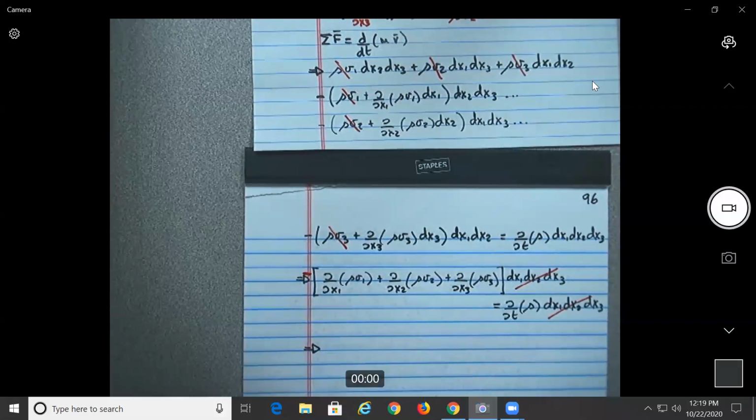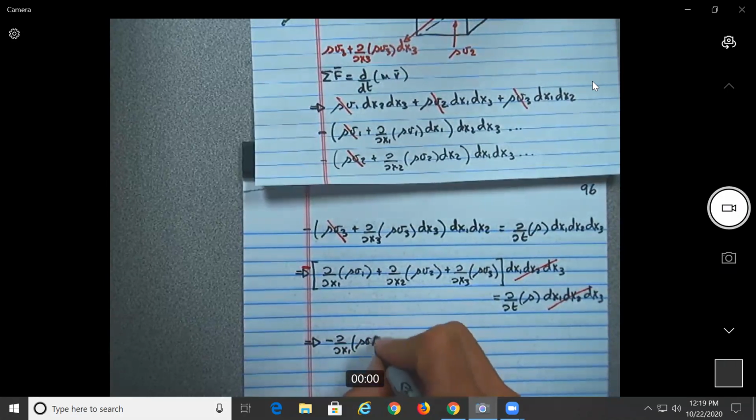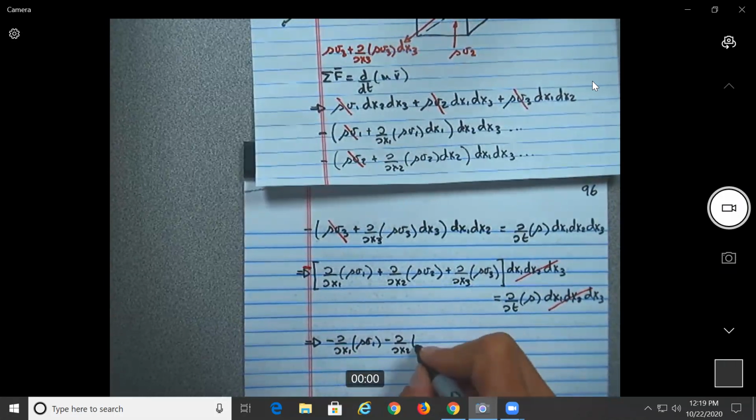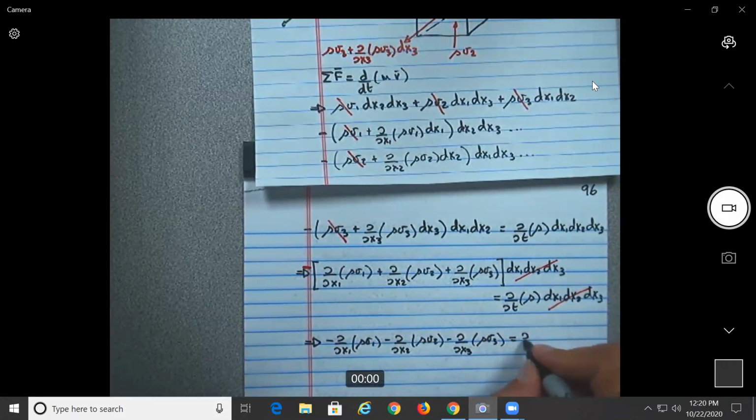That way it will be just easier. So we'll get minus partial x1 of rho v1 minus partial x2 of rho v2 minus partial x3 of rho v3 equals partial t of the density.